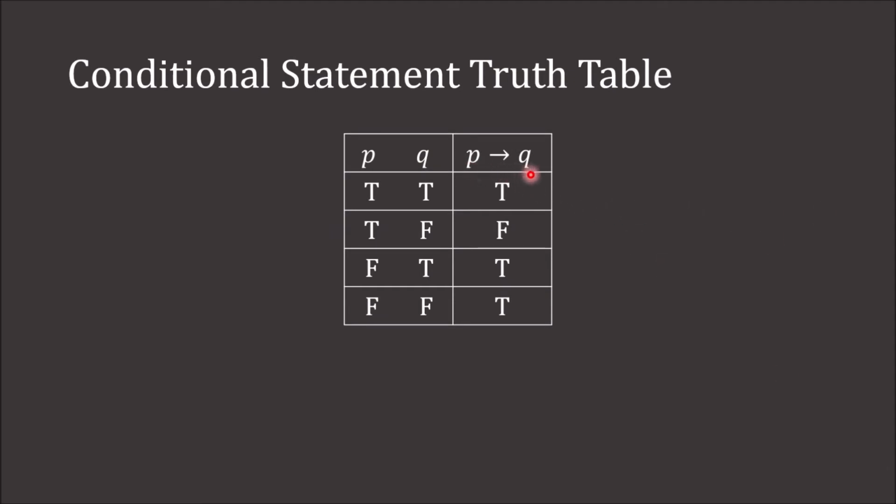P implies Q is false only if the hypothesis is true and the conclusion is false.